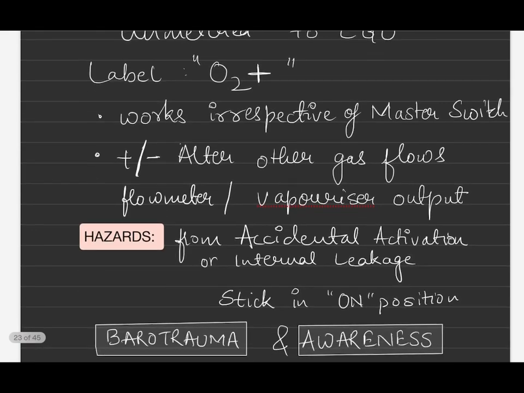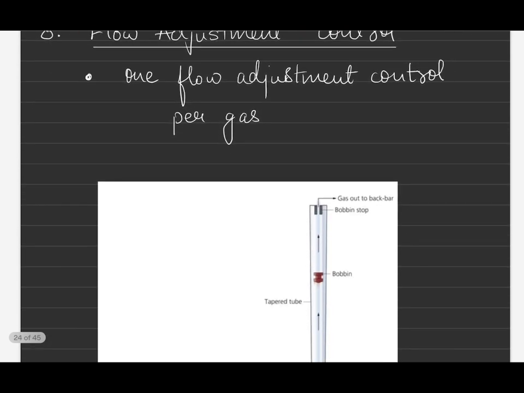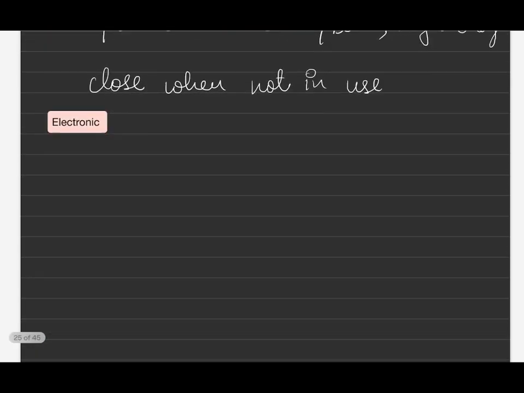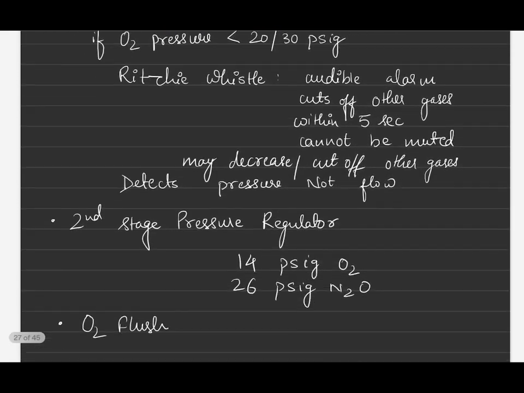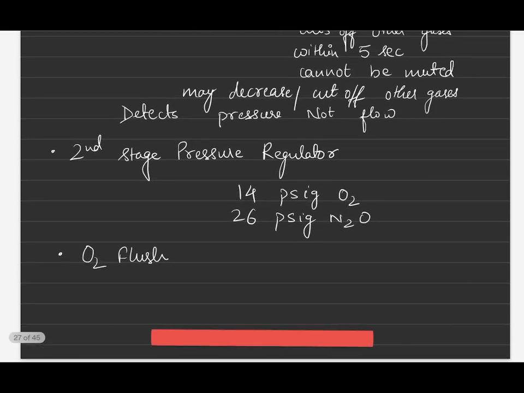It does not stick. So we have discussed the safety features of the oxygen flush as well. So this was the intermediate pressure system with its safety features. In the next class, we will be discussing the low pressure system with its safety features.